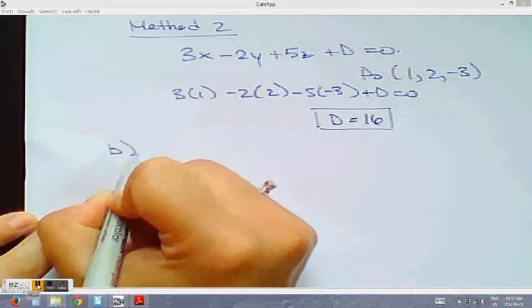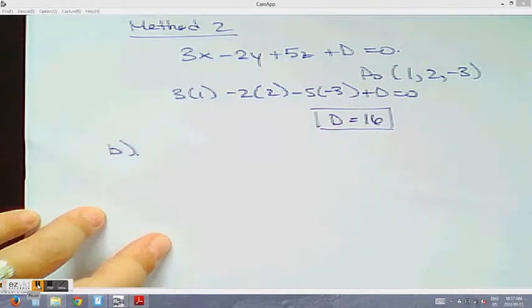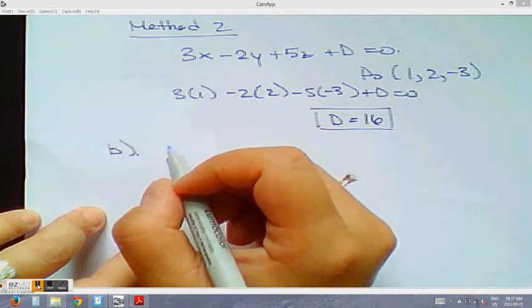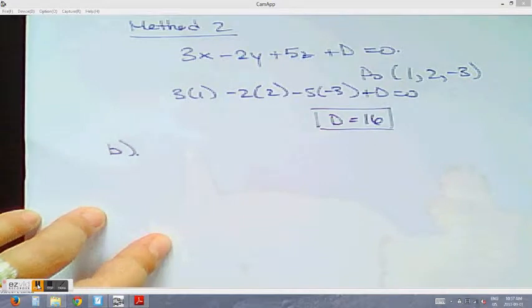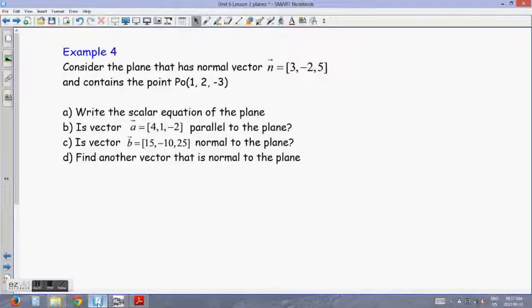Part B wants to know if, let's go back and read it again because I don't remember it by heart, vector A is parallel to the plane. So we want to know if it's parallel to this plane. Let's write this down: it's (4, 1, negative 2).